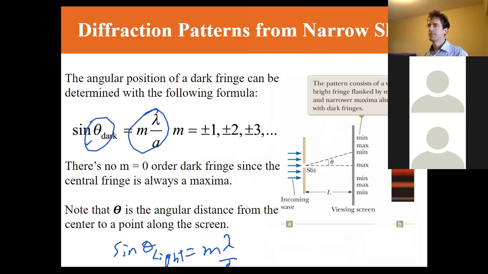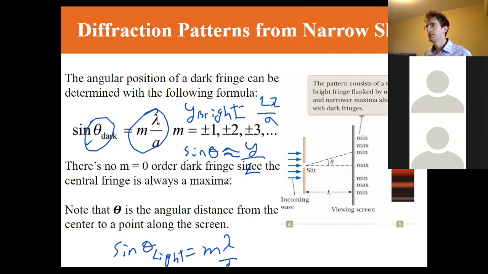And then the small angle approximation can be done here, so you can end up with a formula like I showed you before, where you have bright is equal to L lambda over A. But even without the approximation, you can just say that sine theta is approximately y over L, since you're assuming that the hypotenuse is dominated by the length L, so L sine theta will give you a y.